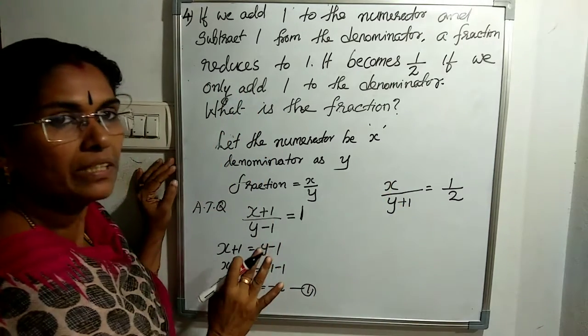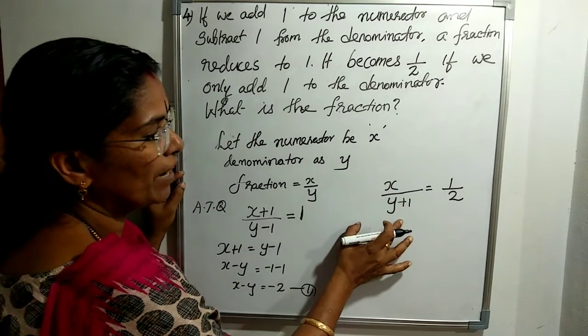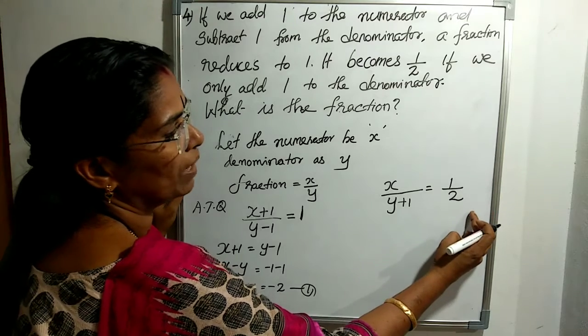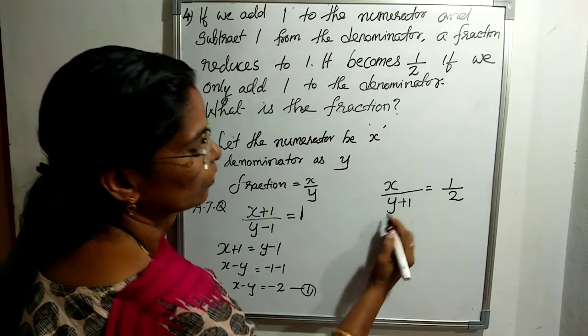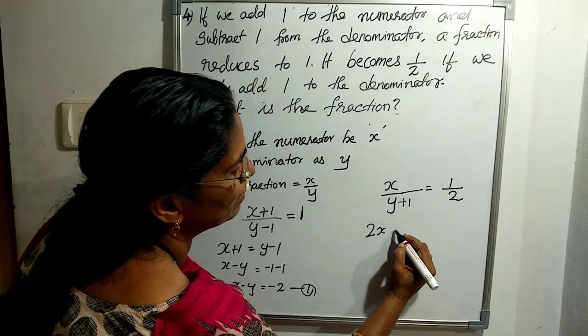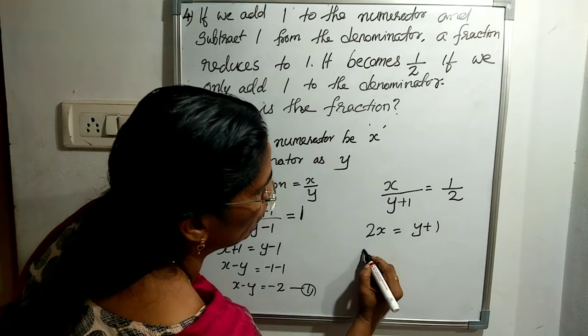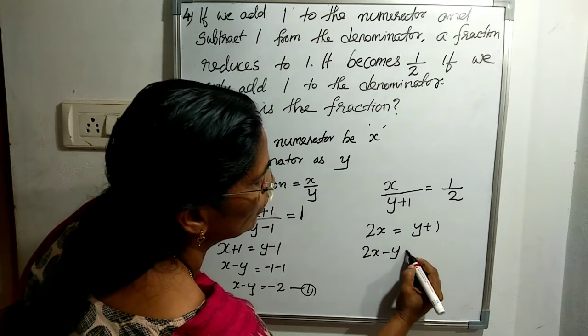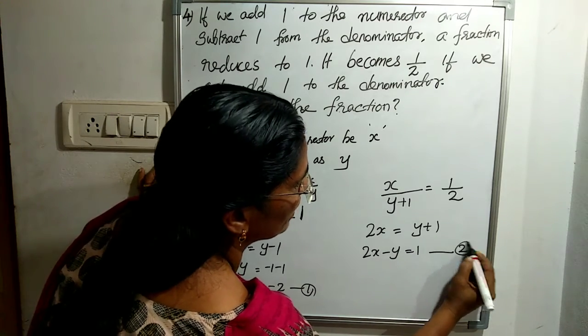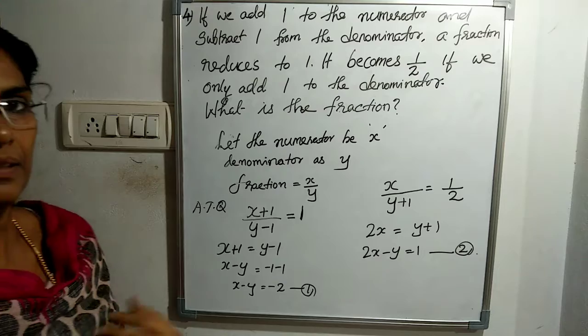There is no change in the numerator. So x by y plus 1, the answer is 1 by 2. Here also we cross multiply and find the equation. So we get 2x minus y equal to 1. This is our second equation. Clear up to this?